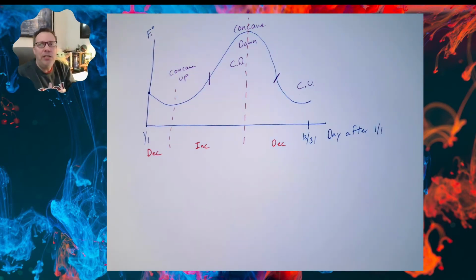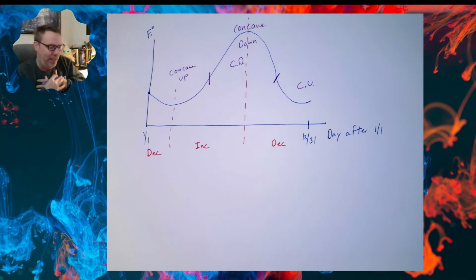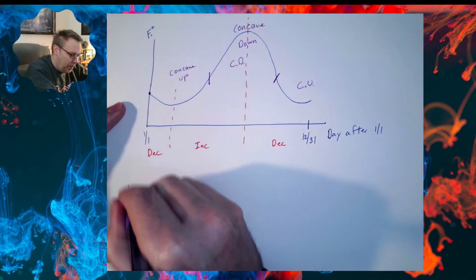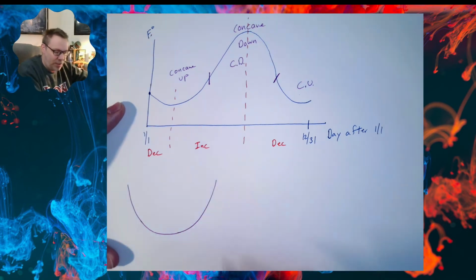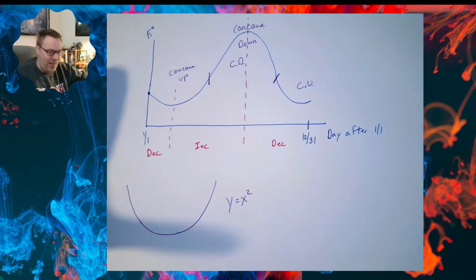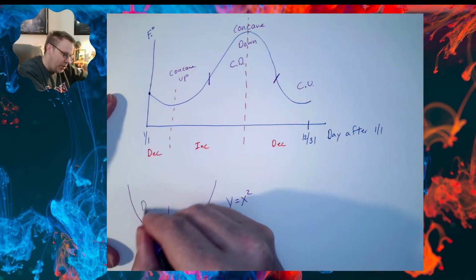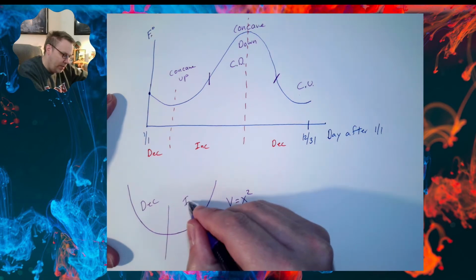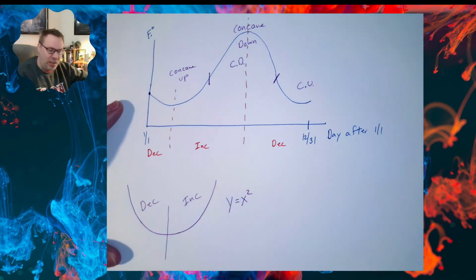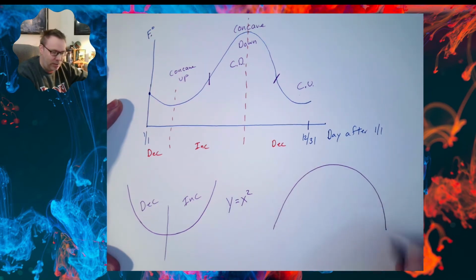Now, there's lots of ways to determine things about concavity. One thing I like to think about is a concave up curve looks like your curve y equals x squared. And there's two portions of it. There's a decreasing version, and there's an increasing version. A concave down situation looks like this.